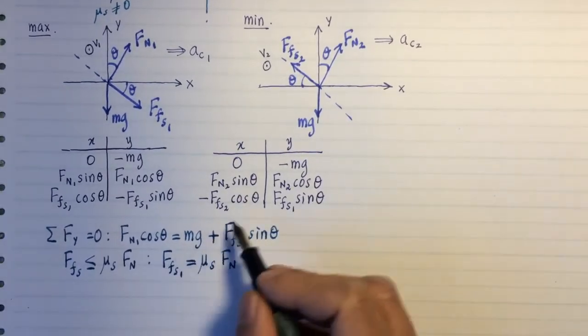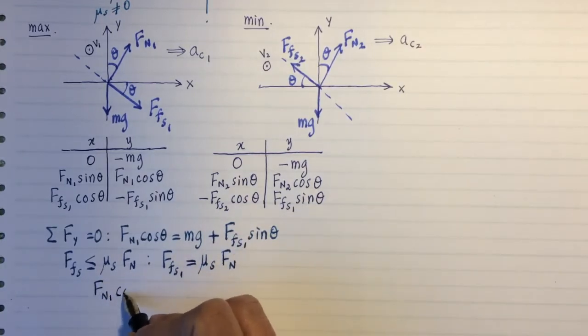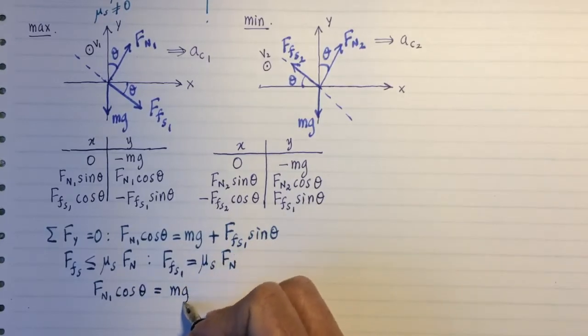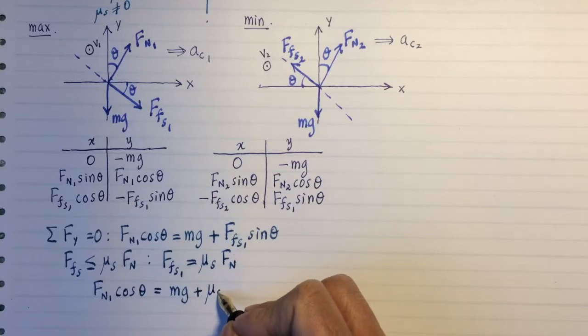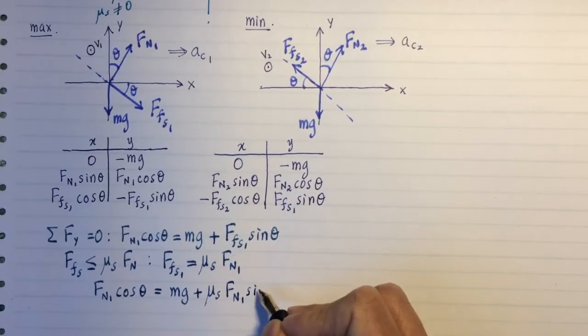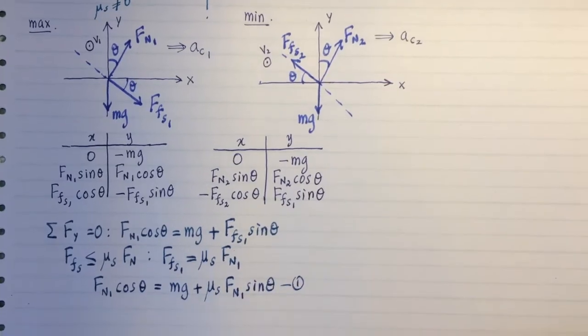Let me replace that there. So I'm going to get Fn1 cosine theta is equal to mg plus mu_s Fn1 sine theta. Let's save this as equation 1.